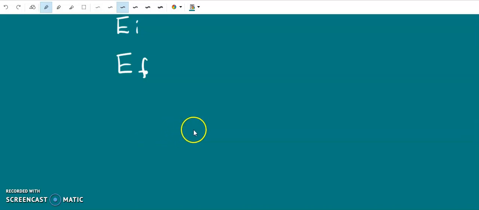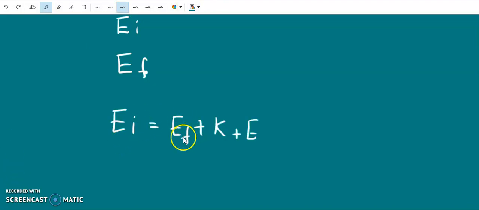So the atom must have a recoil momentum and therefore a recoil kinetic energy also. So the law of conservation of energy requires that EI is equal to EF plus K plus E, where EI is the initial energy of the atom, EF is the final energy, K is the recoil kinetic energy, and E is the energy of the emitted photon.